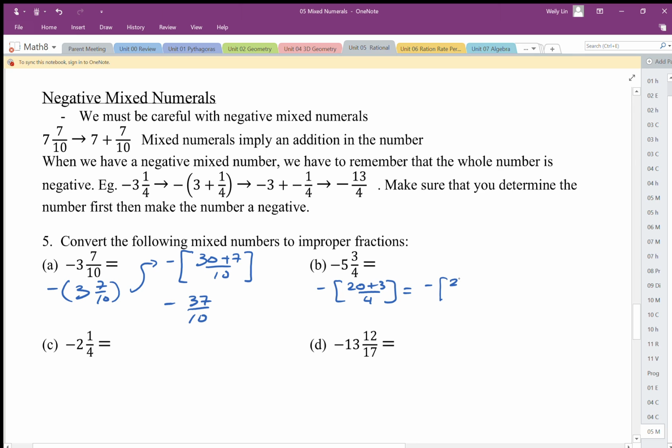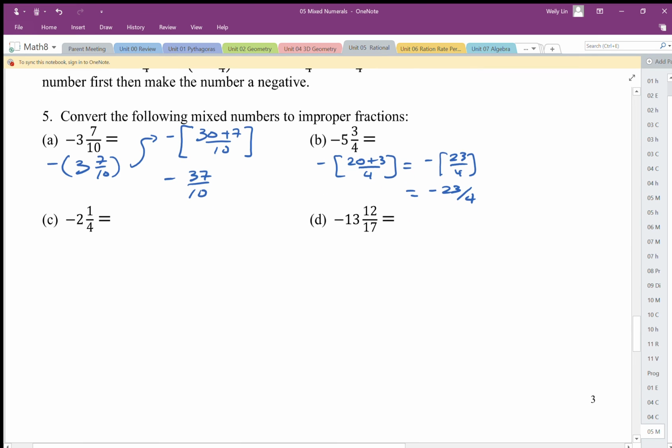And then once we have done that, we can get rid of these brackets. Okay. So the same thing here, we're going to keep the negative on the outside. We get 8 plus 1 over 4. And this becomes negative 9/4. Okay, if we did negative 8 plus 1, we would end up with negative 7/4, which is incorrect.